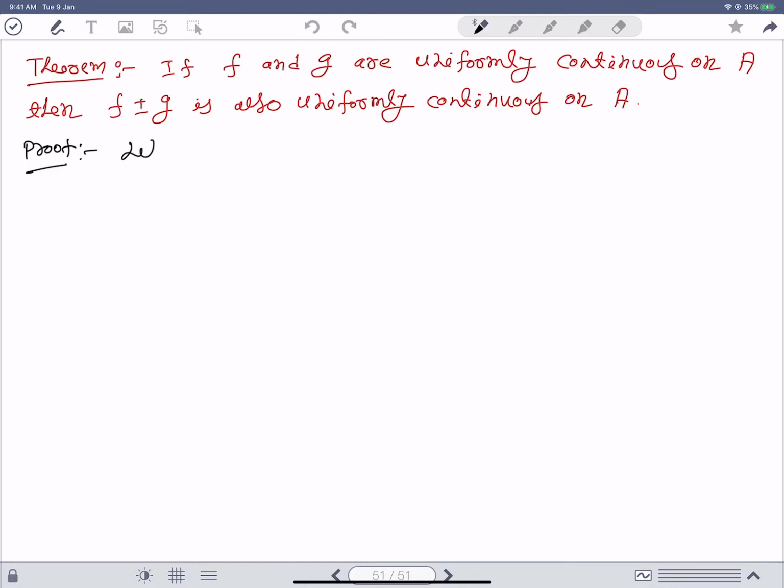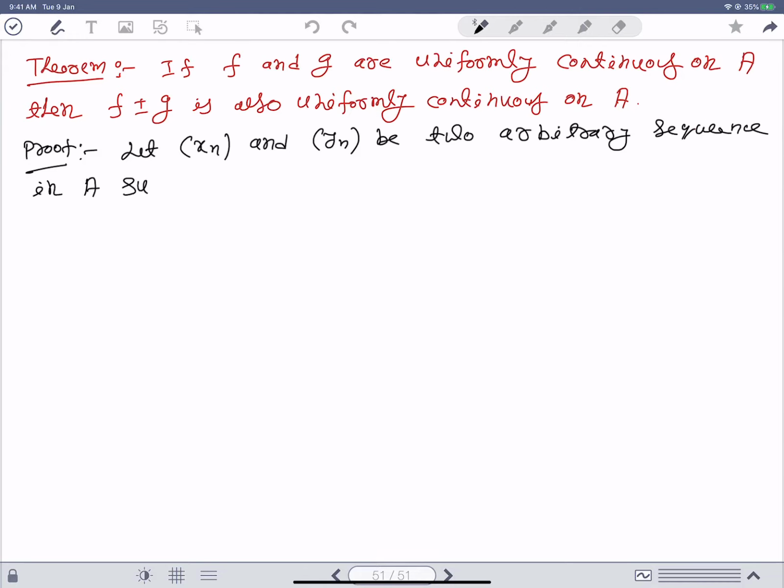So let xn and yn be two arbitrary sequences in A such that mod of xn minus yn converges to 0 as n tends to infinity.